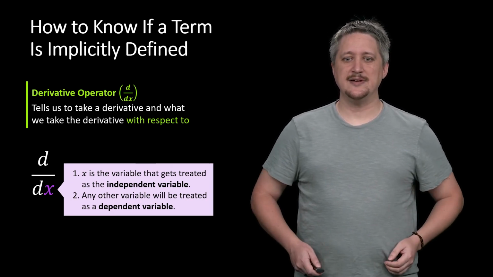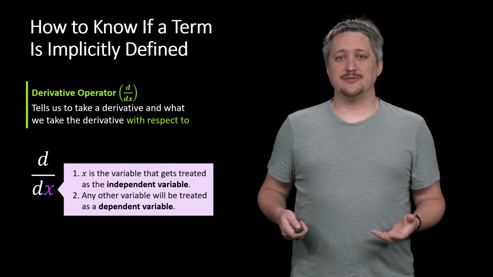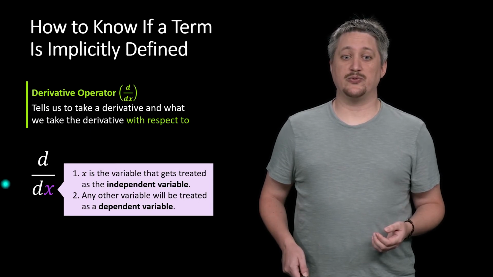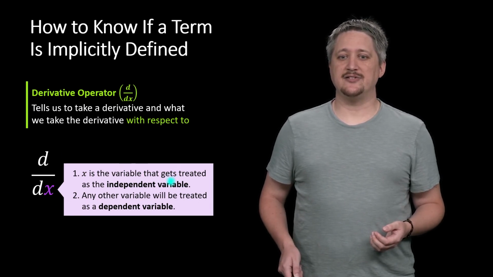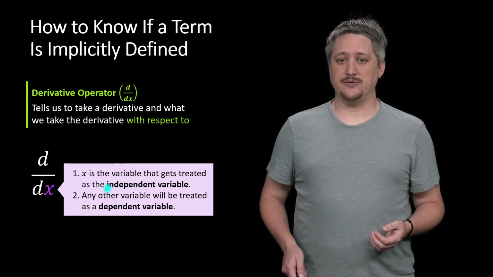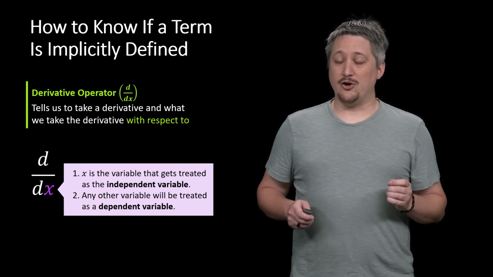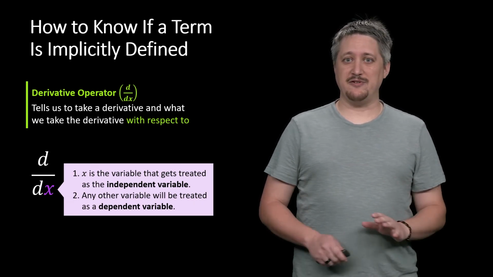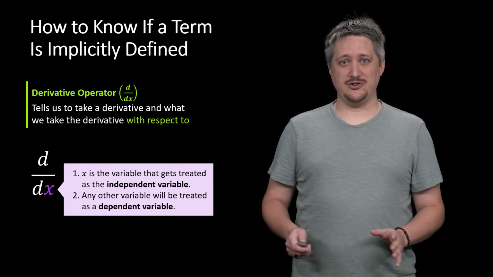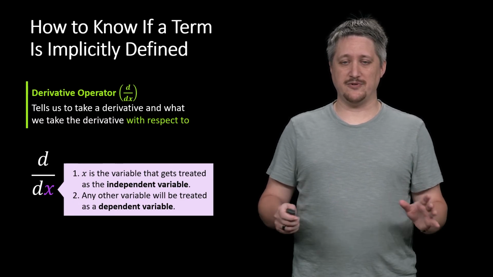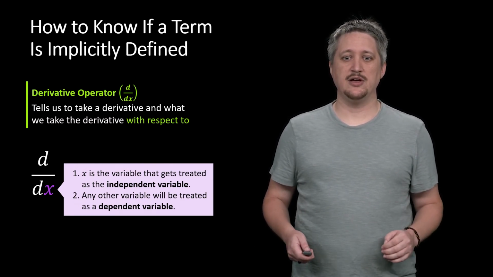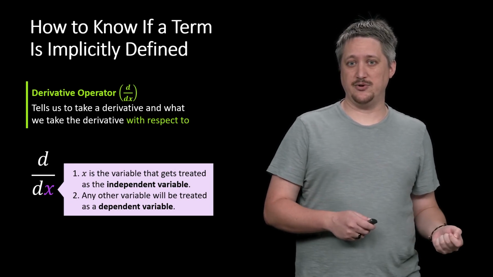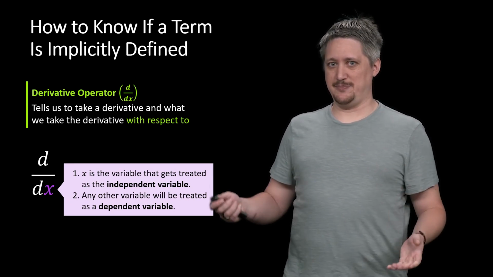And what that's saying is that this is treating x as the independent variable, okay? But that also means that any other variable that doesn't match that, any other letters in your function or expression, whatever you're dealing with, are automatically treated as dependent variables that depend on something, okay?